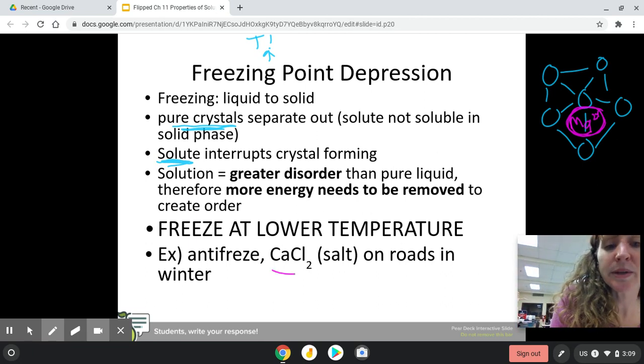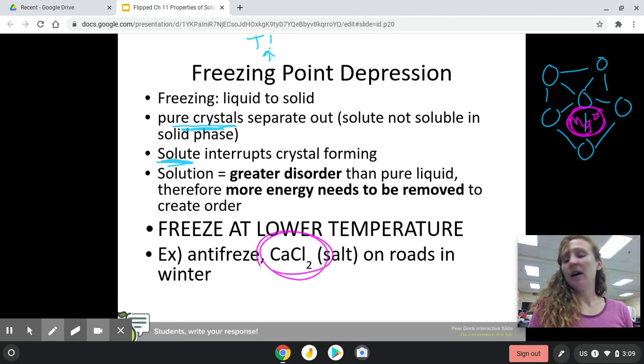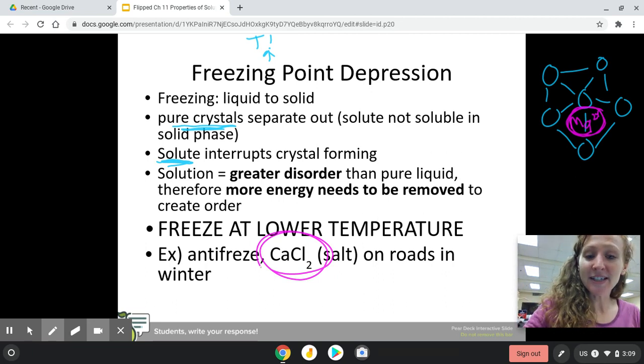A good example would be calcium chloride. In a lot of places, not Oregon, you may sense some bitterness in my voice, I grew up in Michigan. When it snows in Michigan, they salt the roads and you can still drive on the roads because calcium chloride dissolves into calcium and chloride.